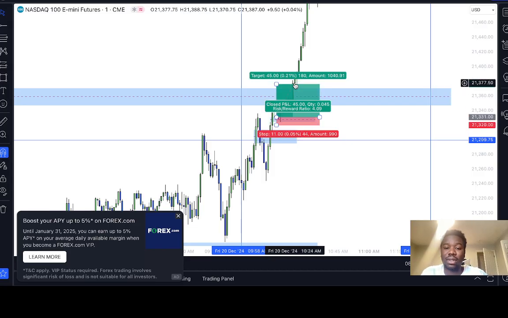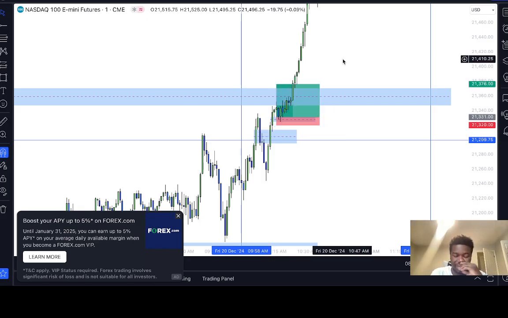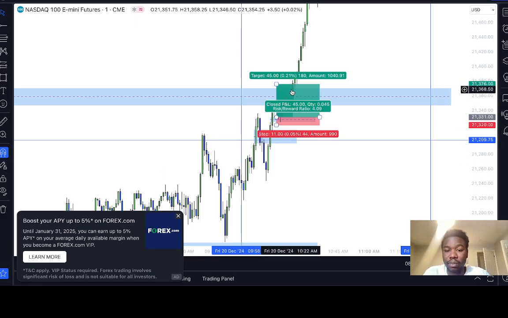and 180 tick profit goal. It's more than enough. It's really more than enough. What I'm going to do is just show you the calculations of risk to reward, how much you'd be risking, and what will be the reward. So 44 times 5, because as you know, the NAS E-mini is $5 a tick.